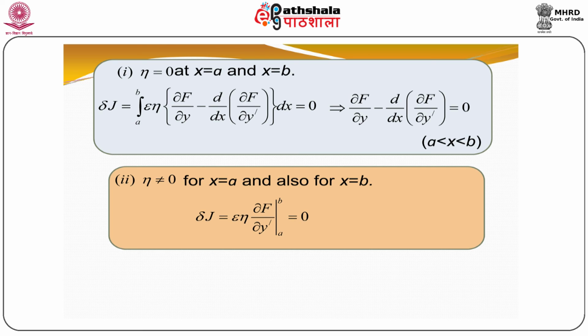So, we finally have delta J equal to epsilon eta del y dash of capital F equal to 0 at x equal to b. Please note, for eta equal to 0, it vanishes automatically at x equal to a. So, we have only one condition, that is at x equal to b, this vanishes.